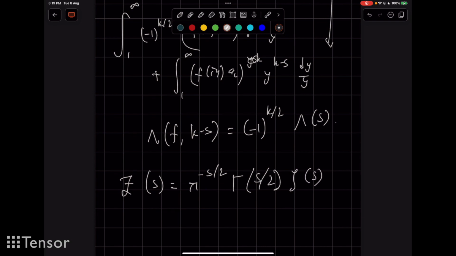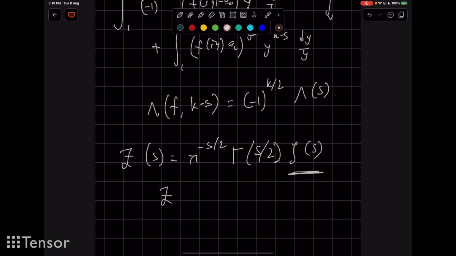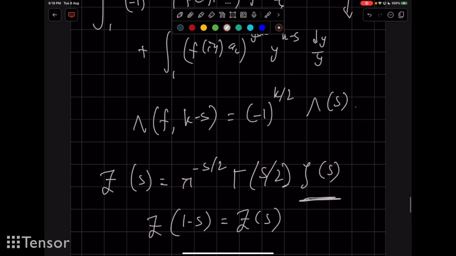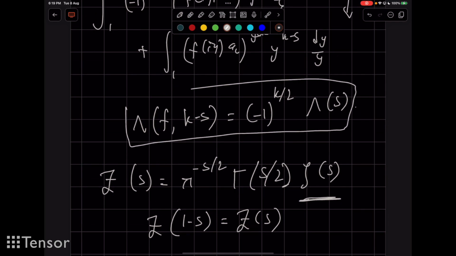And the functional equation for zeta was really long, but the functional equation for the completed zeta function is actually really simple. And we can see a lot of parallels in this and this.